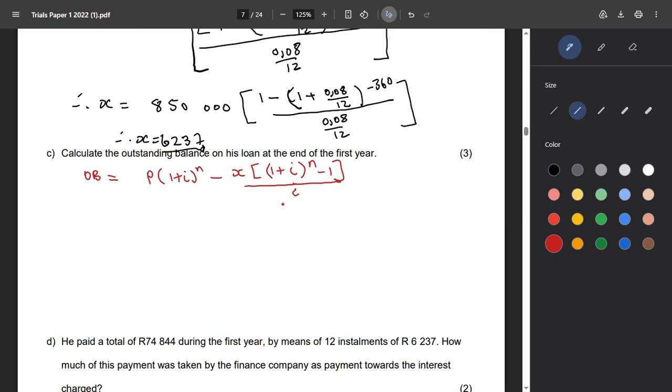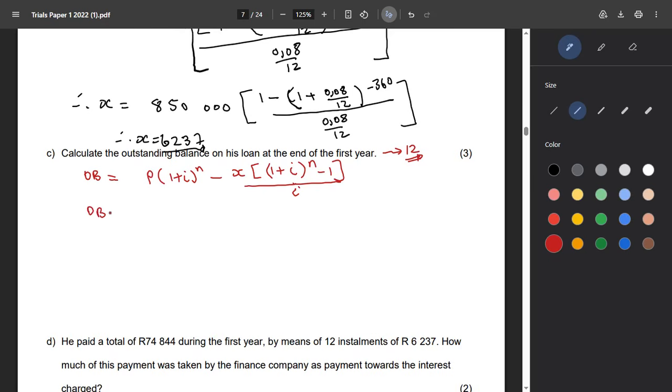So this is the formula for the outstanding balance. The n is the number of payments made. We know that at the end of the first year, we're going to make 12 payments. This is the formula for the outstanding balance.